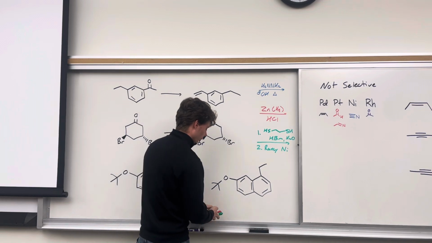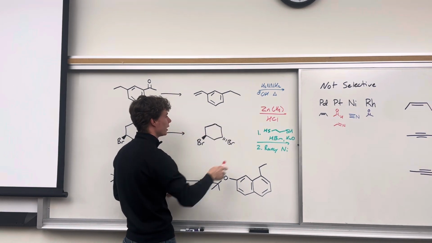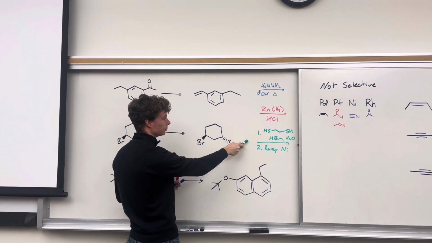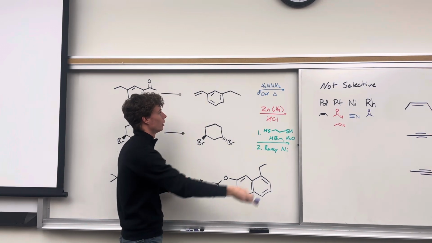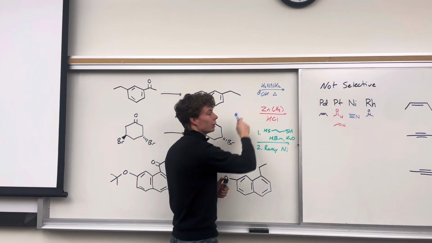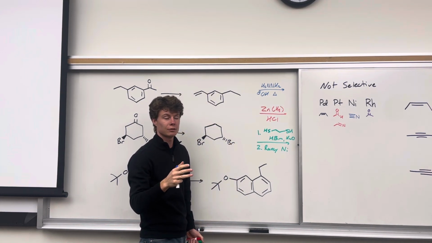My three options: in blue, I have Wolff-Kishner. In red, I have Clemmensen. And in green, I have Raney nickel. The reason we have three of these, notice, basic conditions. So if I use Wolff-Kishner, everything that's base labile or is going to react with a base, not good.